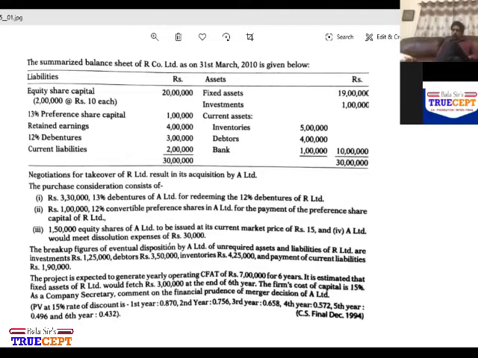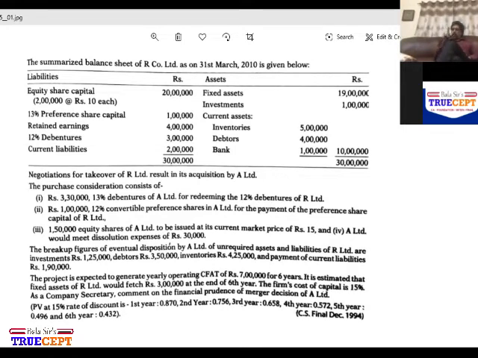The fixed assets of R Limited would fetch rupees 3 lakh at the end of the 6th year. The firm's cost of capital is 15%. As a company secretary, comment on the financial prudence of the merger decision of A Limited. The PV rate of 15% is also given, so even the discount factor at 15% is given to you.